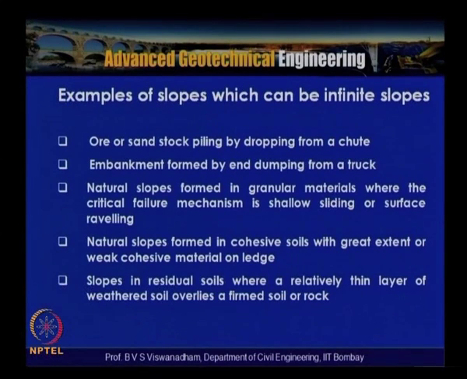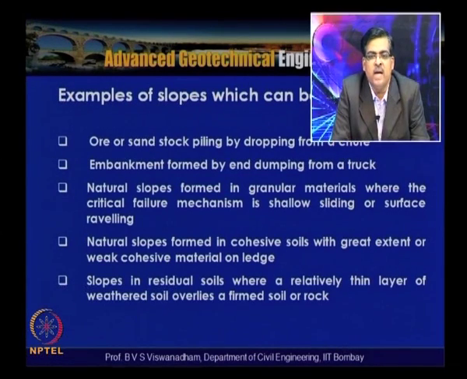They can be ore or stock piles formed by dropping from a chute, and the slope they take can be regarded as an infinite slope. An embankment formed by end dumping from a truck is also regarded as an infinite slope, and so are natural slopes formed by granular materials where the critical failure mechanism is shallow sliding or surface raveling.